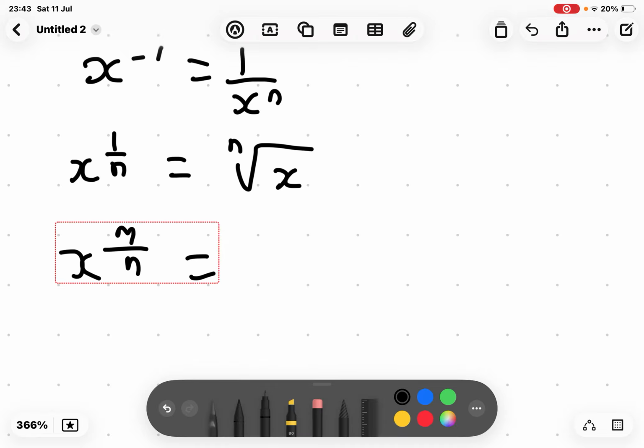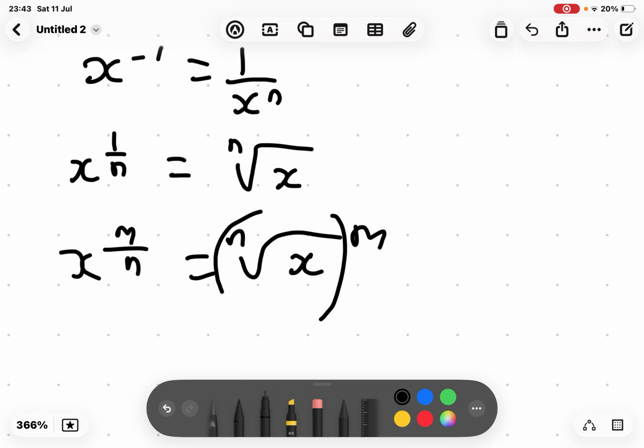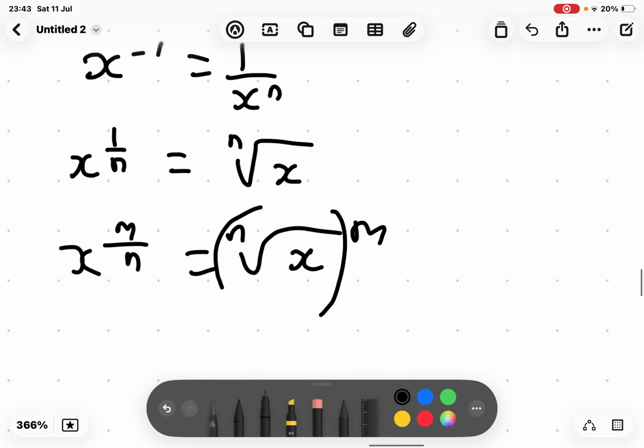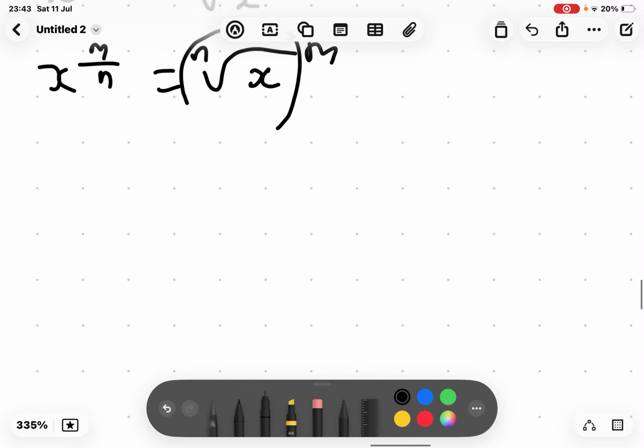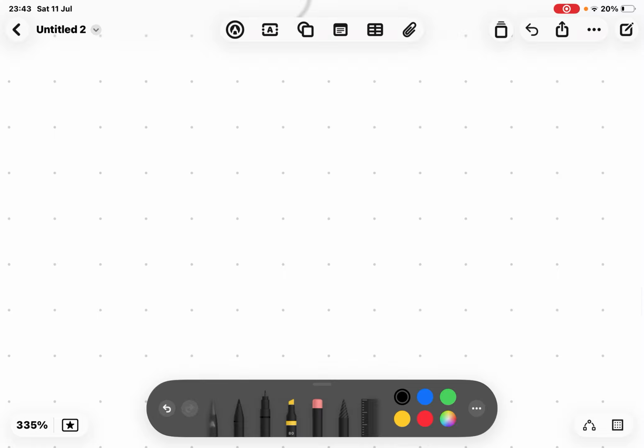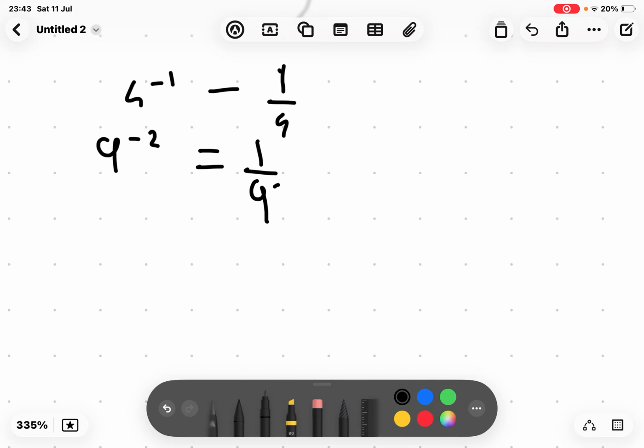Equals n x m. Now these are the laws you have to know. 4 minus 1 equals 1 over 4. 9 over 2 equals 1 over 9 squared, and then that's 181.